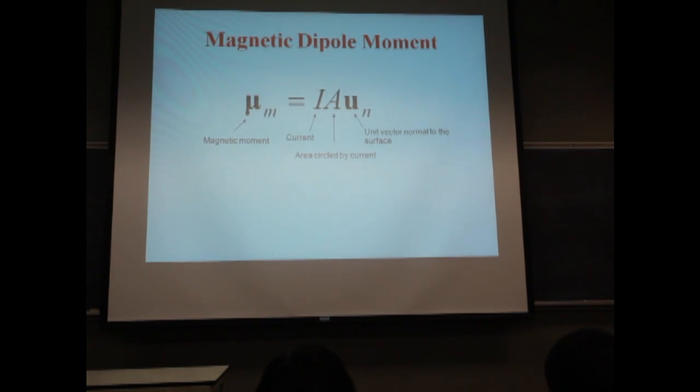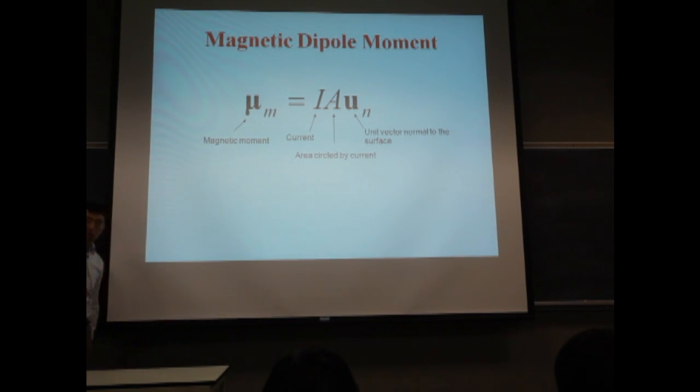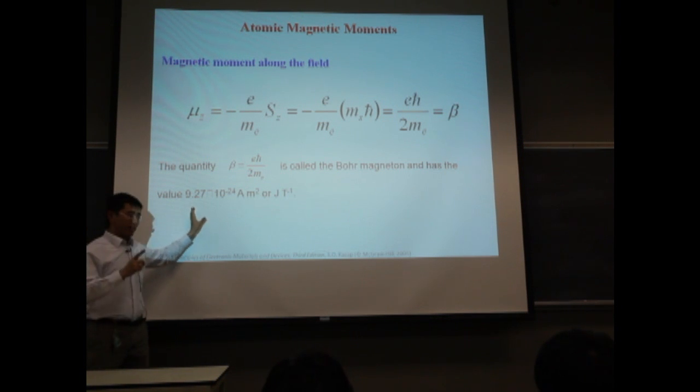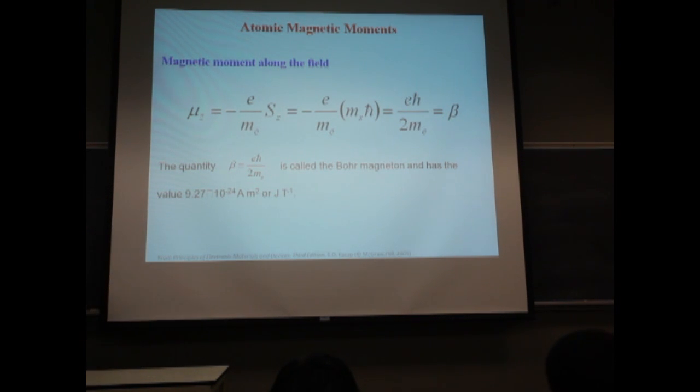The total magnetic moment for an atom is given by the current times the area of the current loop. The Bohr magneton is a unit to describe how much magnetic moment a spin of electron generates. It is a constant which is described by beta.